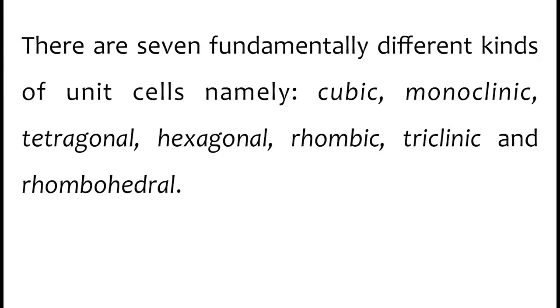Now we say there are 7 fundamental different kinds of unit cells. Namely, we have cubic, monoclinic, tetragonal, hexagonal, rhombic, triclinic, and rhombohedral.